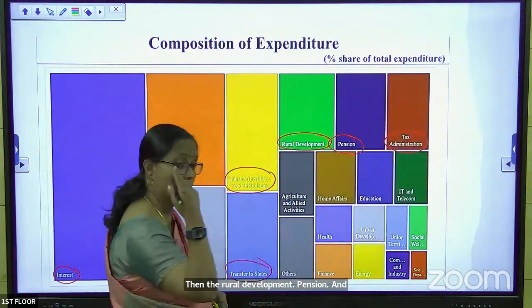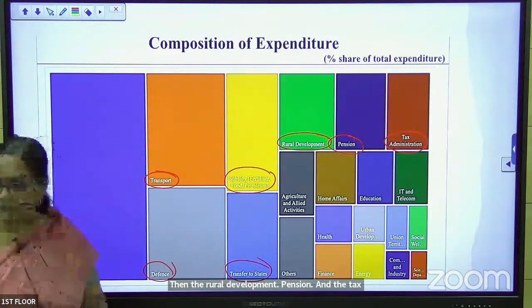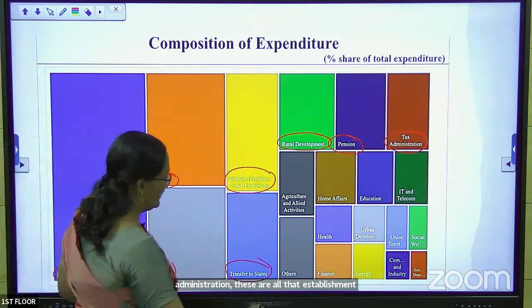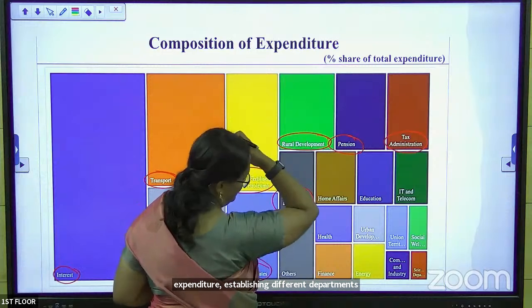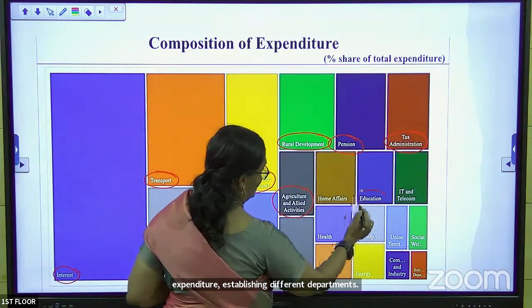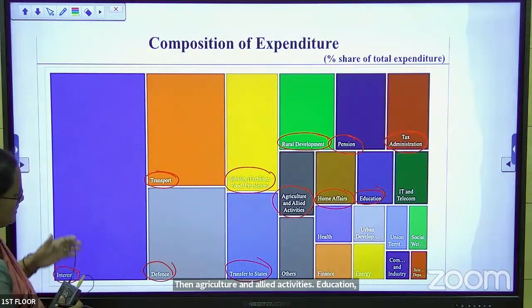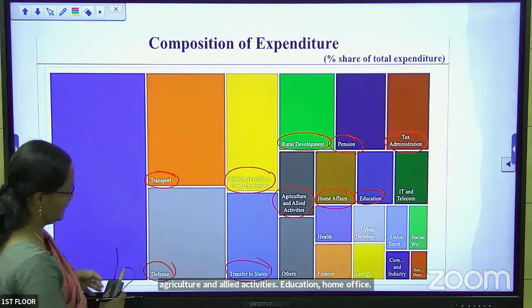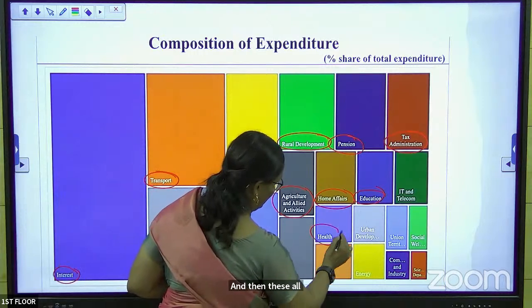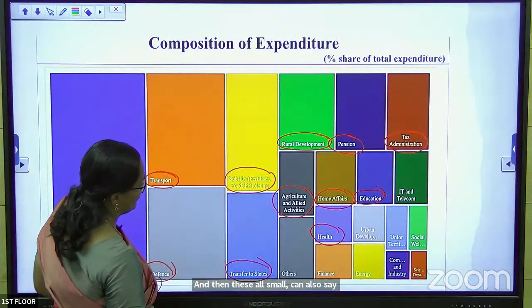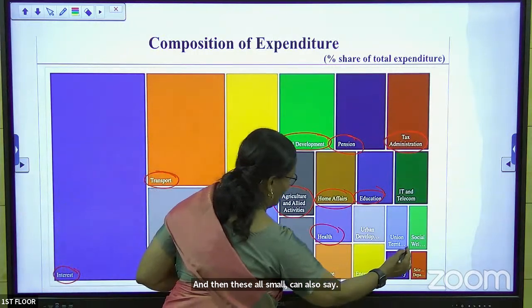These are all establishment expenditure, establishing different departments. Then agriculture and allied activities, education, home affairs, energy is all small. Health is, you can also say health. Social welfare is all small.